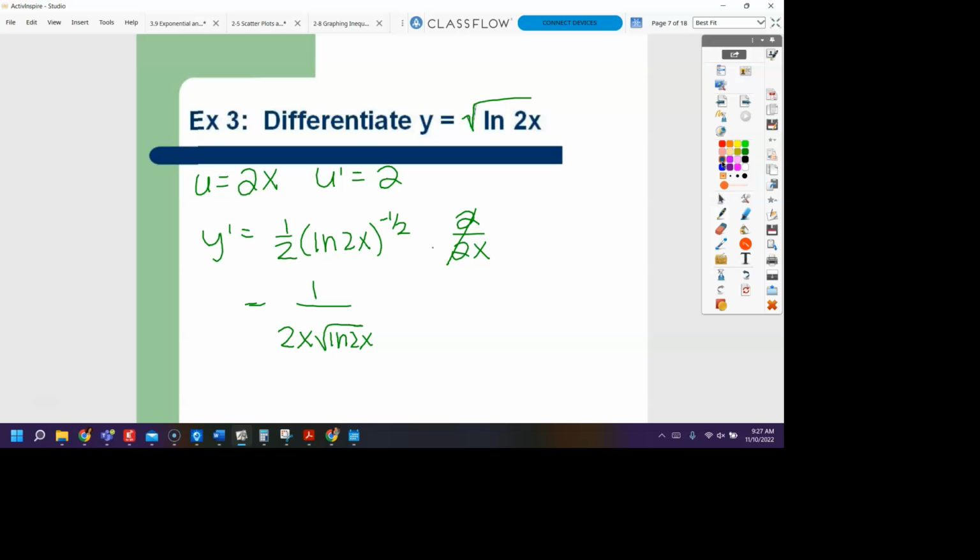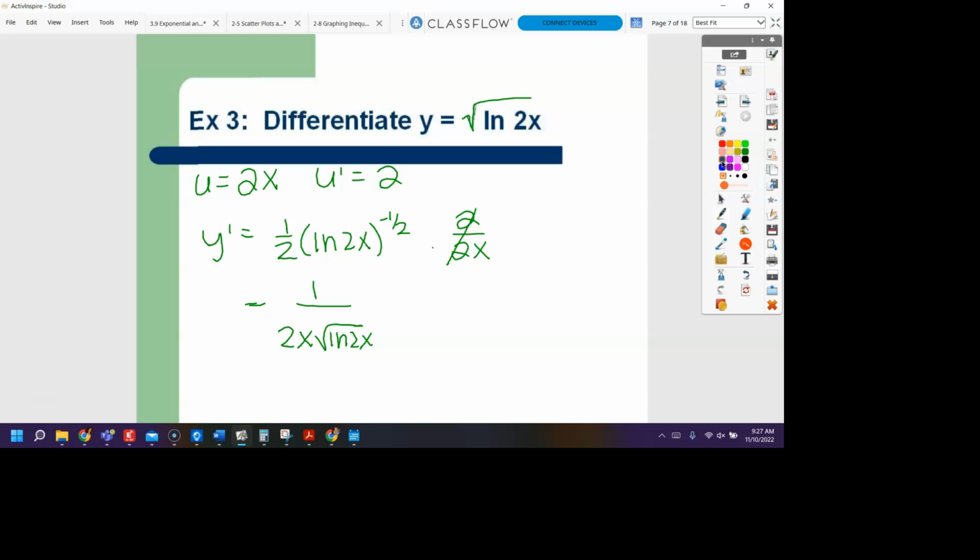Now, the next one looks disgusting. Well, we talked about rules yesterday to make it less gross. So don't try to start differentiating and doing blah, blah, blah.